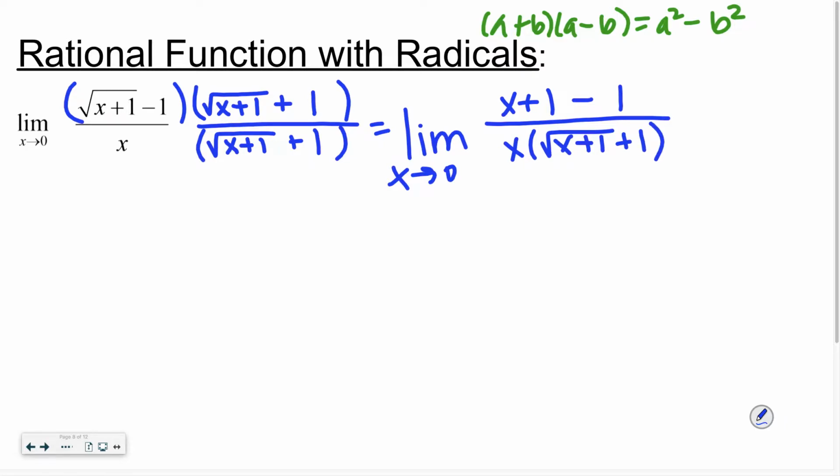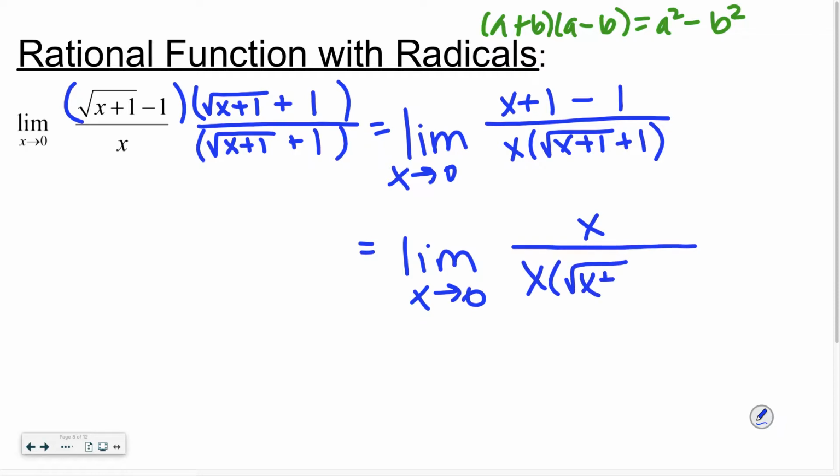Okay, well, how is that helpful? What happens in the numerator? Okay. It simplifies to x, which is helpful because we can cancel this out here.